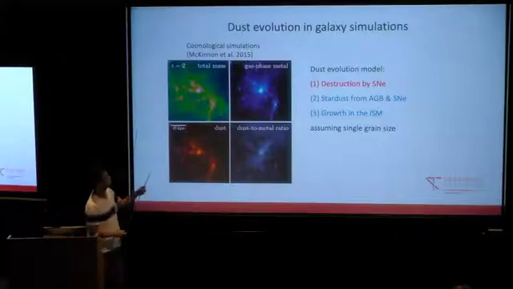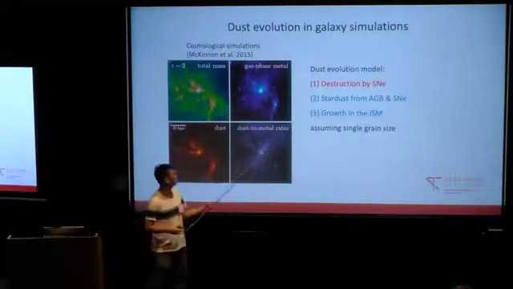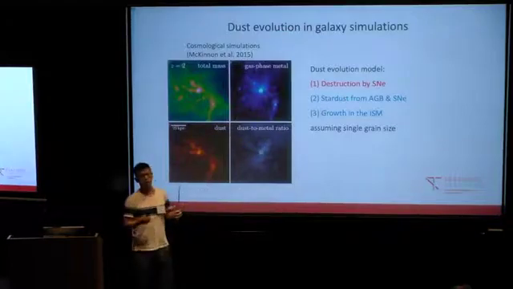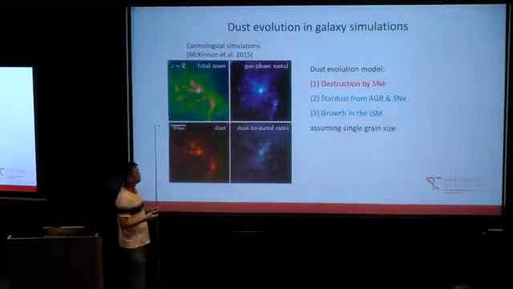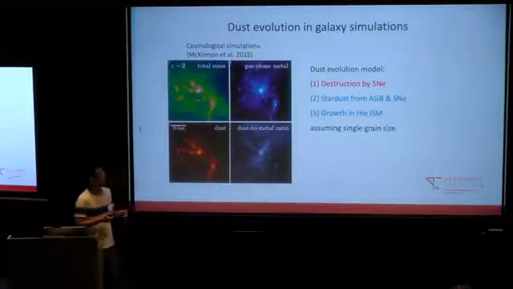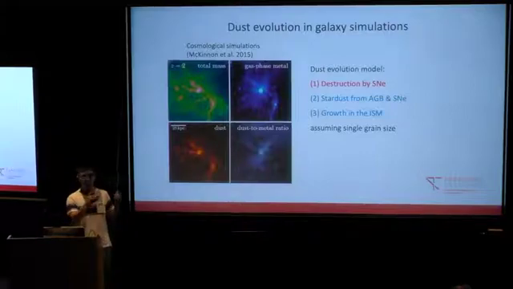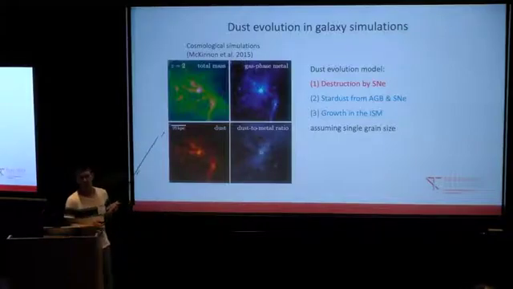The second is stellar ejecta. AGB stars and supernovae eject dust at the end of their lifetime, and dust can condense in the stellar ejecta. This is potentially a very important source of interstellar dust.